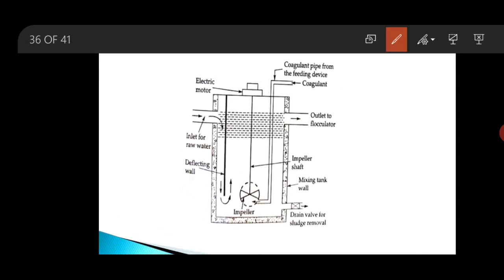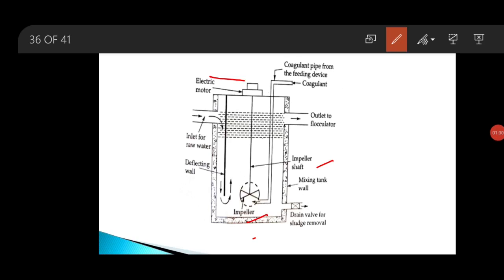This mixing basin consists of a rectangular tank which is provided with an impeller fixed to an impeller shaft. This impeller is driven by an electric motor and it revolves at a high speed inside the tank.